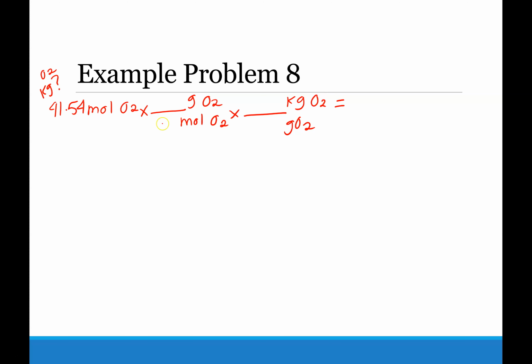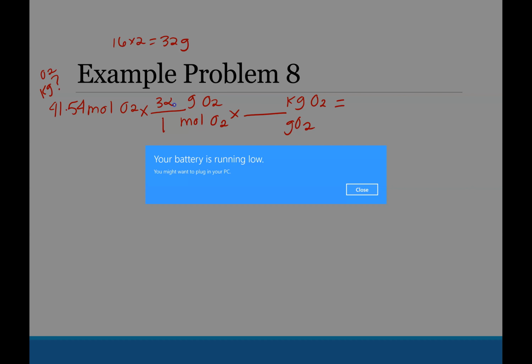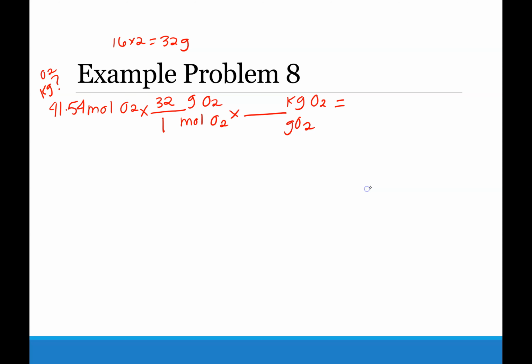So in 1 mole, you need a periodic table to do this. Oxygen is element number 8. The mass of that is 16. And so 16 times 2 equals 32 grams. So that's going to be 32. Remember, oxygen is always diatomic. And so 1 mole is going to be 32 grams for O2, diatomic O2.